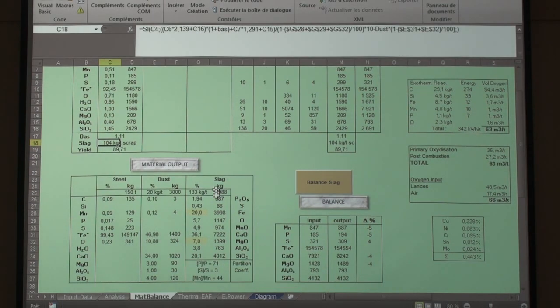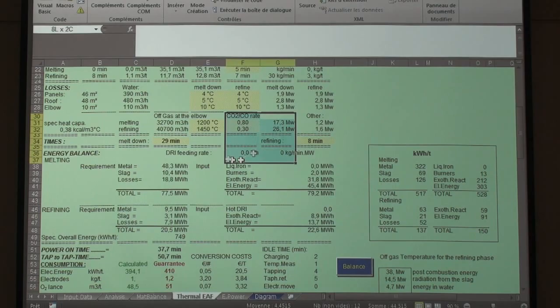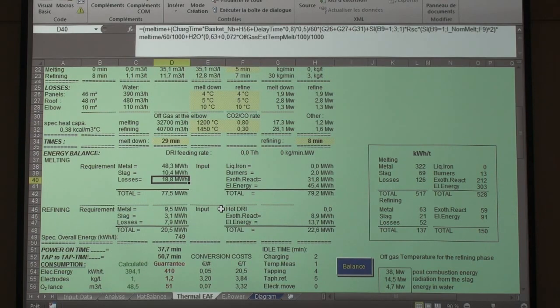So this line is precisely calculated here. So again, as for the steel, I take what I am missing from the previous D39. This is this one. So I consider the energy I forgot to consider in the previous equation.